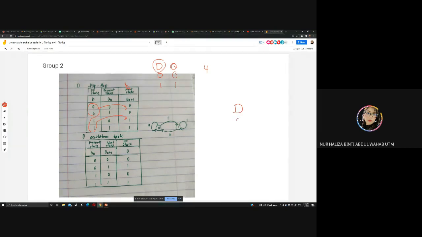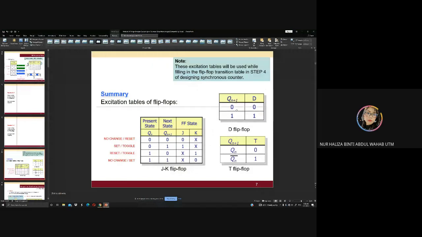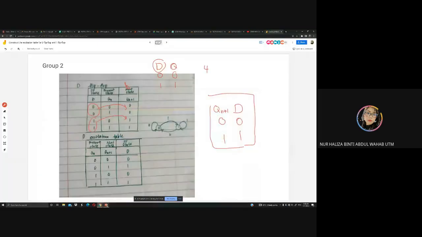If it is 0 and 1, your Q n plus 1 follows. So this is the excitation table if referring to your module here. This is the thing that you need to remember.